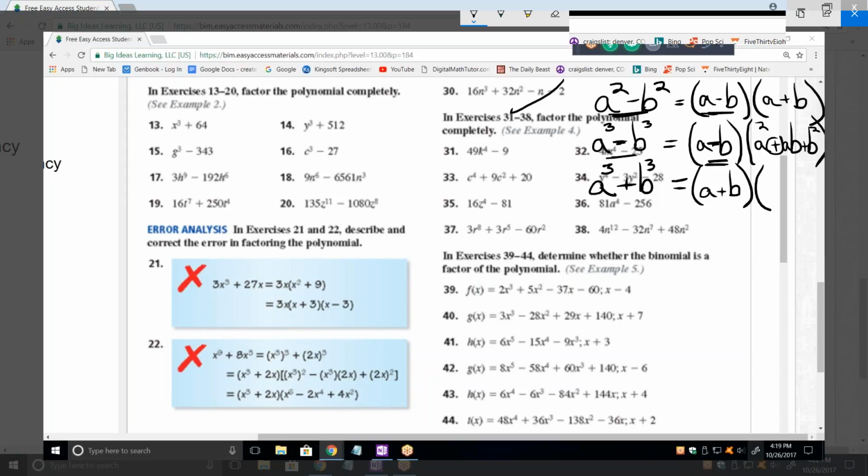The second term, just like above, that middle term is the opposite sign of the first term. Get it? You need to memorize all three of those.